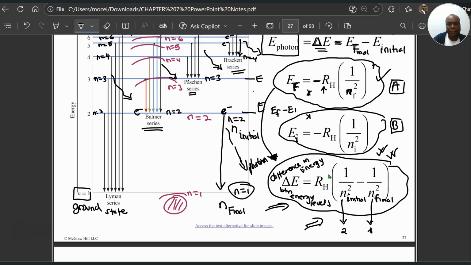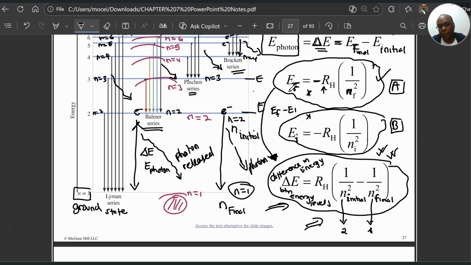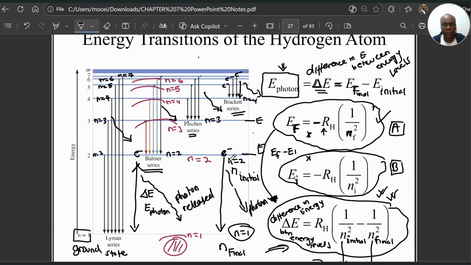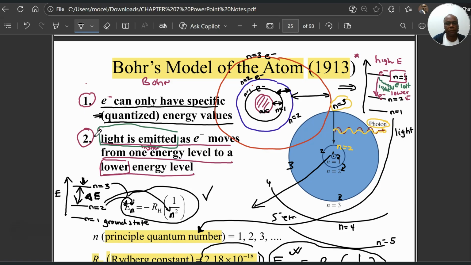So remember again, any difference between two energy levels is what we are calling delta E, and it's equivalent to the energy of the photon released. When an electron drops from a high energy level to a low energy level, a photon of light is released. We said that in our summary in an earlier slide here.